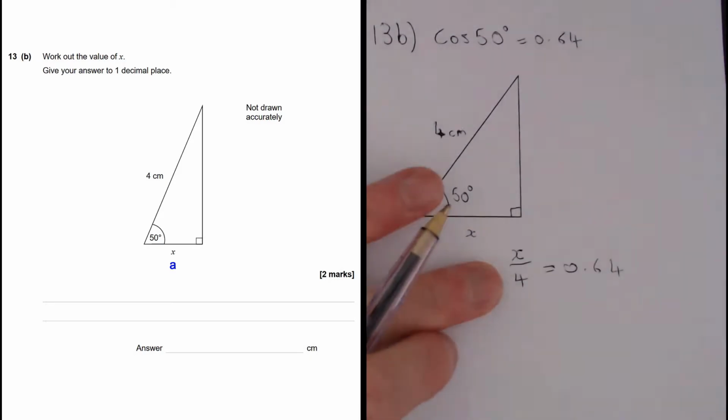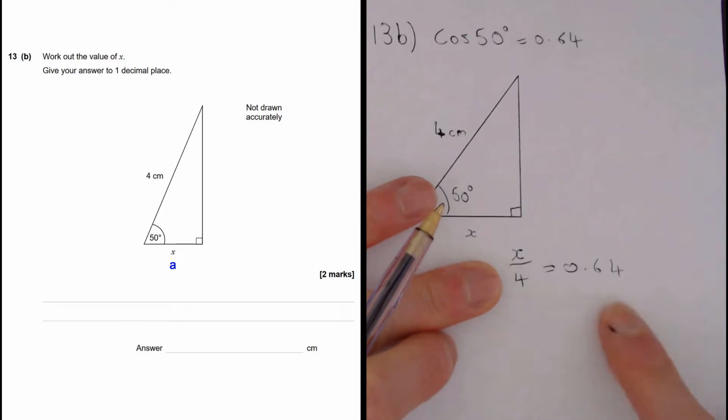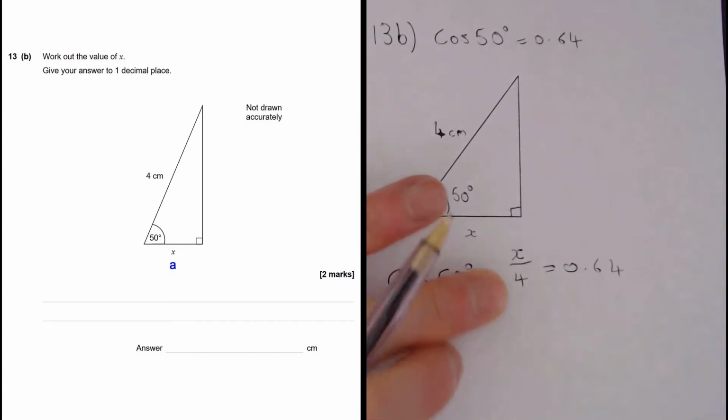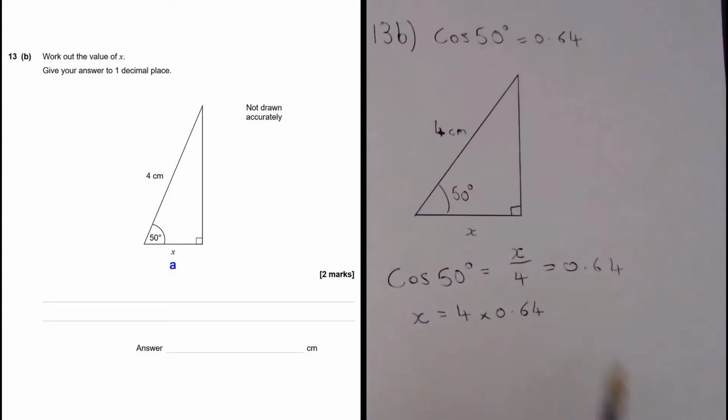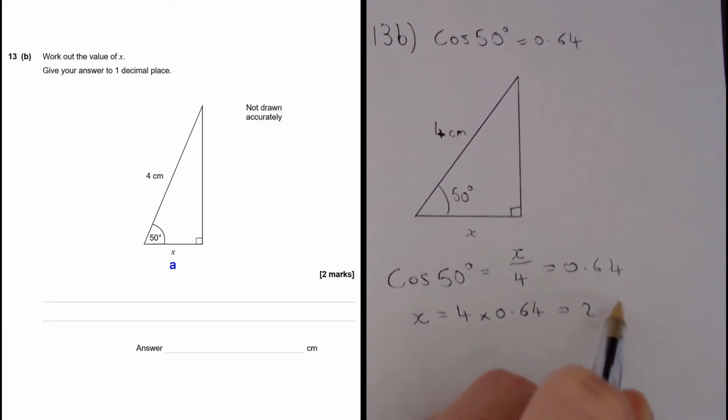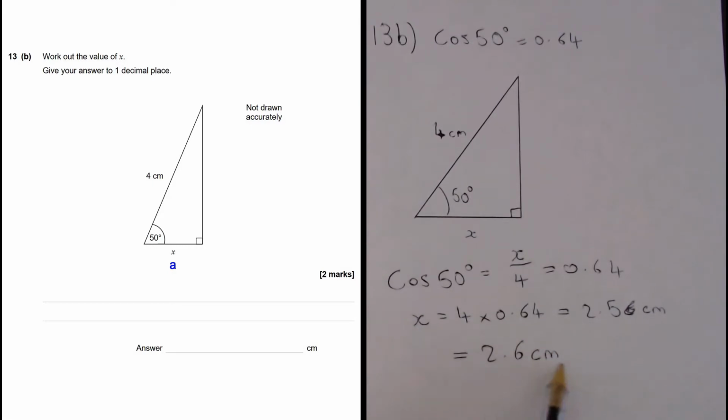So we can ignore this stuff on the left here, and we just need to solve that equation for x. So we're going to get that x equals 4 times 0.64, which is going to give us 2.56 centimetres. Now we need to give our answer to 1 decimal place, so round it to 1 decimal place. This gives us 2.6 centimetres.